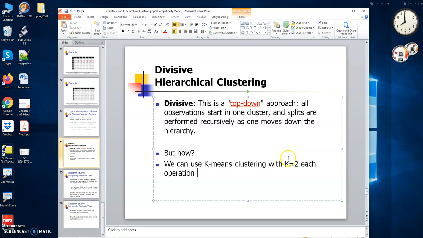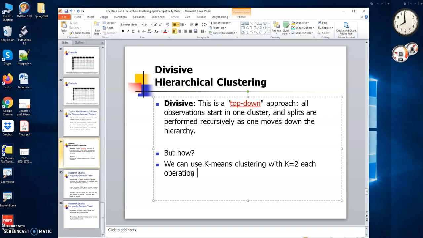And when we assign k equals 2, you will be able to get 2 clusters. So that's the way of how we divide the whole cluster into 2 smaller parts. This is basically how we can merge the concept of k-means clustering and hierarchical clustering, which is very interesting.